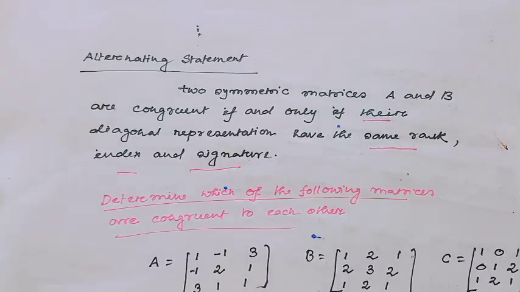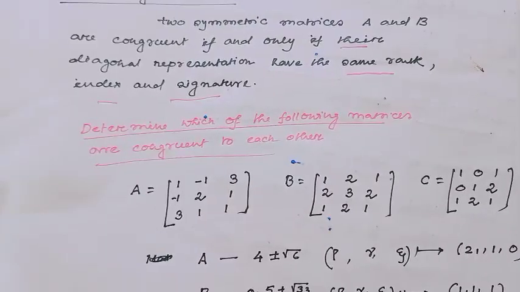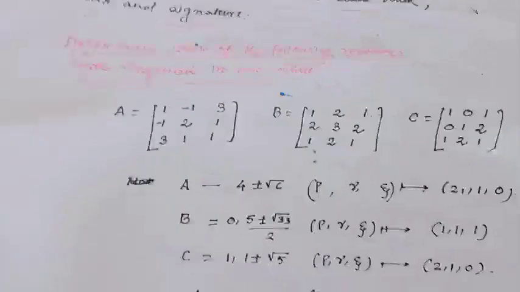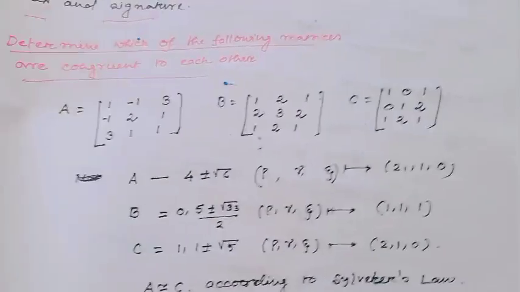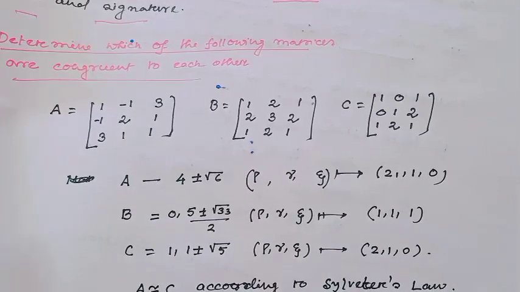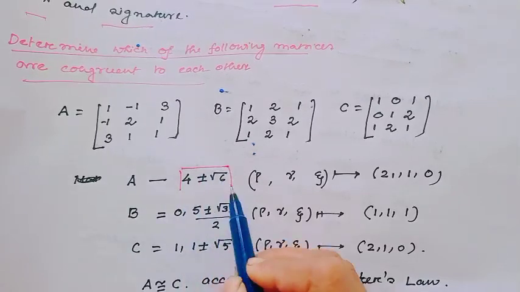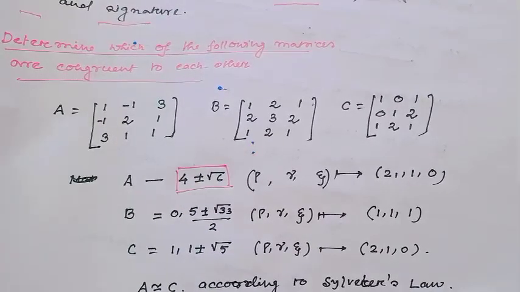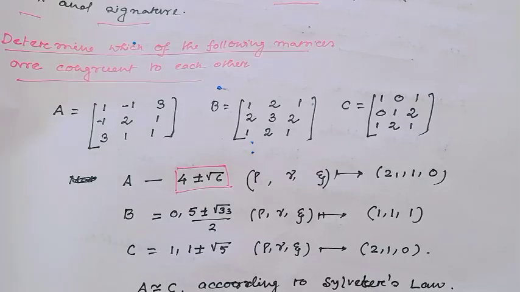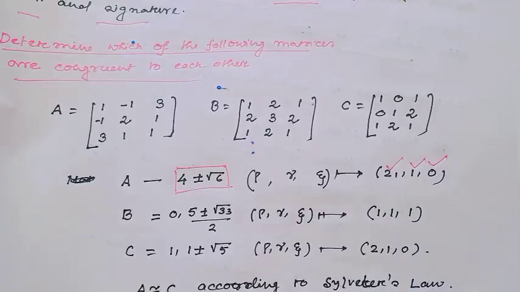Then determine which of the following matrices are congruent to each other. This question I will solve by Sylvester's law. Notice in the first matrix A, the eigenvalues are 4 plus minus square root of 6. Then the number of positive eigenvalues, negative eigenvalues and zero eigenvalues is 2, 1, 0.